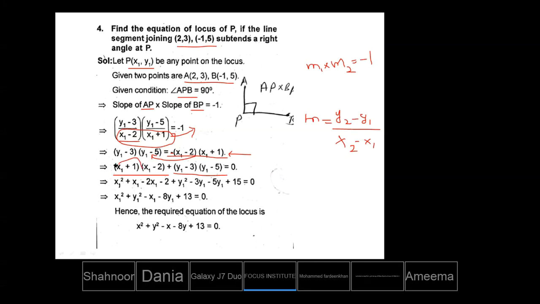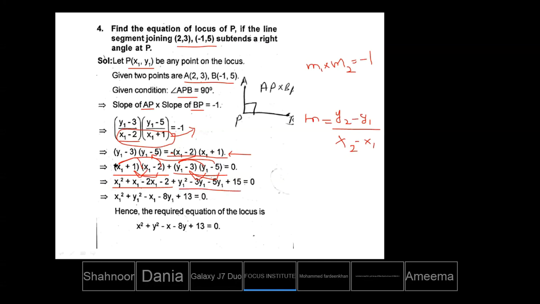You have already done the simplification in your class 8. x1 whole square minus 2x1 plus x1 minus 2. Similarly, y1 into y1 is y1 square, y1 into minus 5 will be minus 5y1, similarly minus 3y1, and 5 threes are 15.